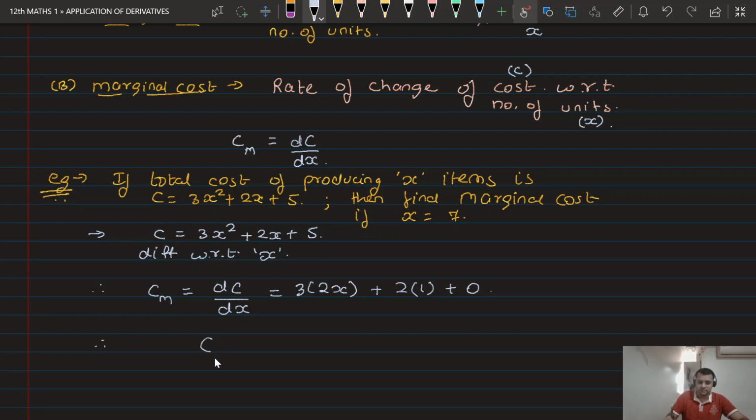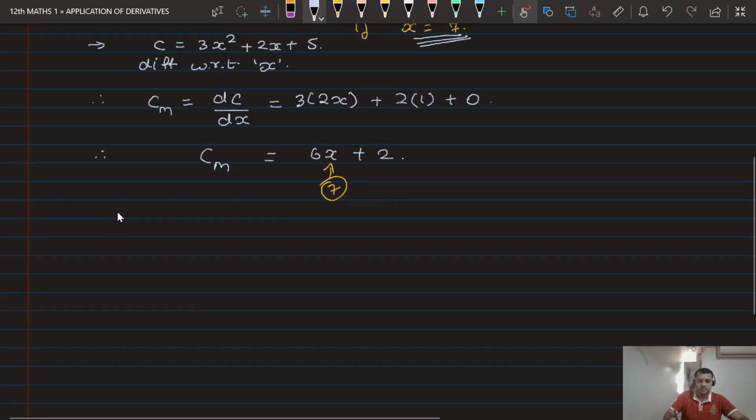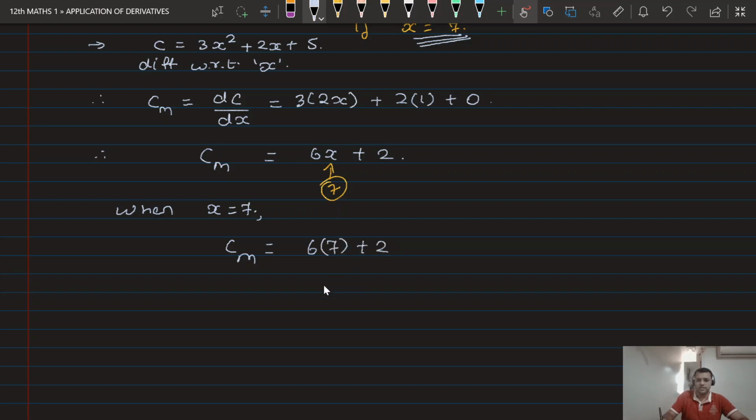So I have got the marginal cost as 6x plus 2. Now it's asking us to find the marginal cost if the value of x is 7. So in the derivative, we have to put the value of x as 7. When x is equal to 7, marginal cost is 42 plus 2, that comes out to be equal to rupees 44.